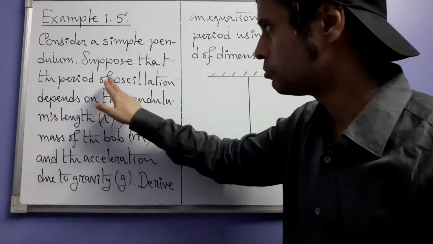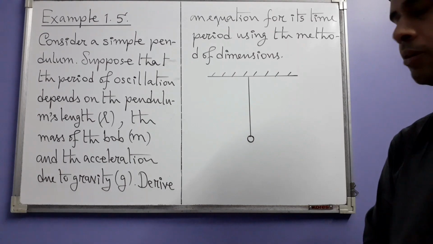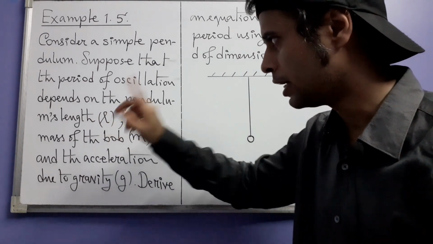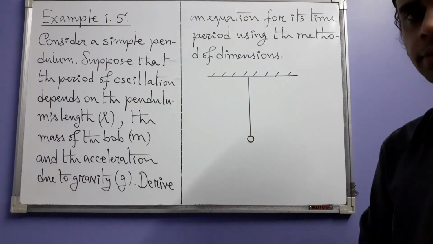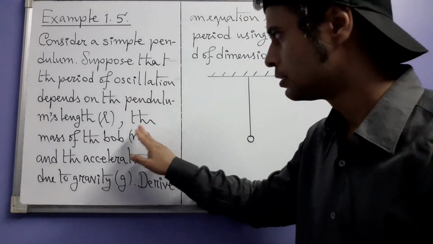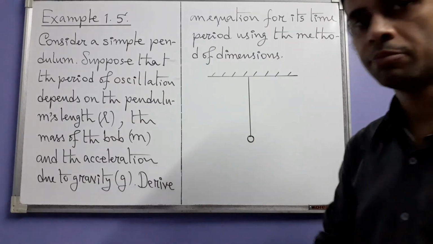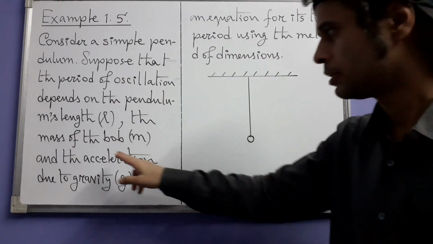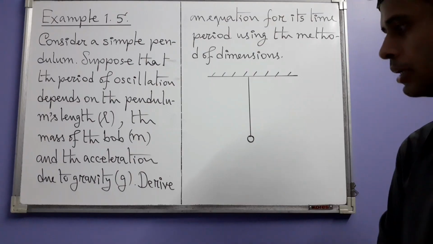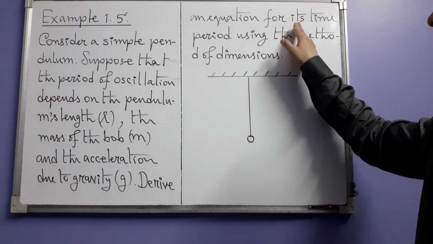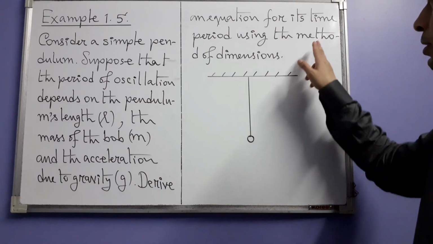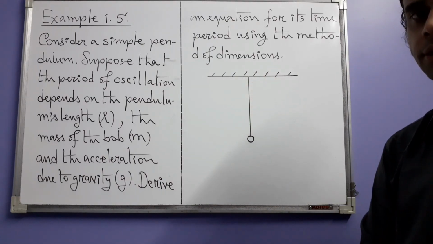Suppose that the period of oscillation of the pendulum depends on the pendulum's length L. We will come to all these things, okay. Let me first read. The mass of the bob m and the acceleration due to gravity g. Then we have to derive an equation for its time period, the time period of the pendulum, using the method of dimensions.